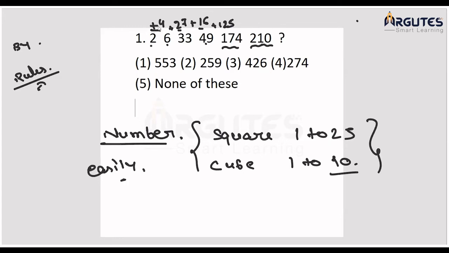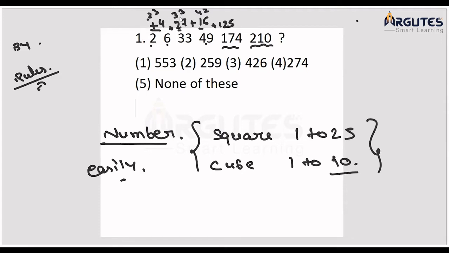So here we see that it's plus 4, which means 2 square. Plus 27 means 3 cube. Now plus 16, so 16 will be 4 square. Now the rule gets confirmed.